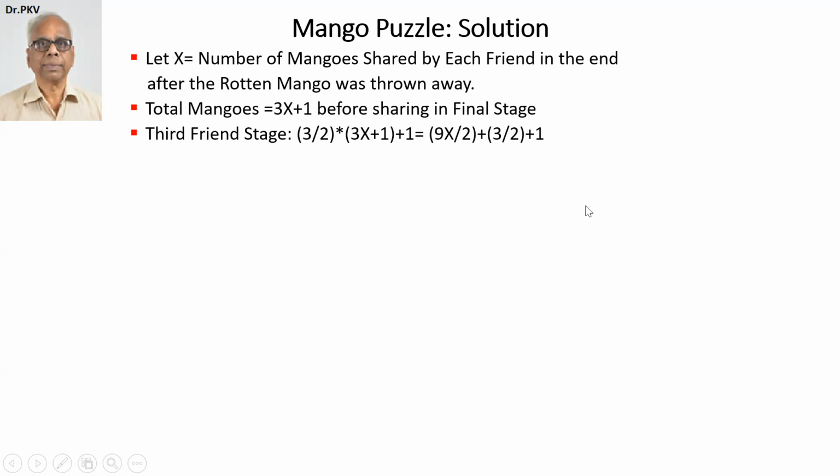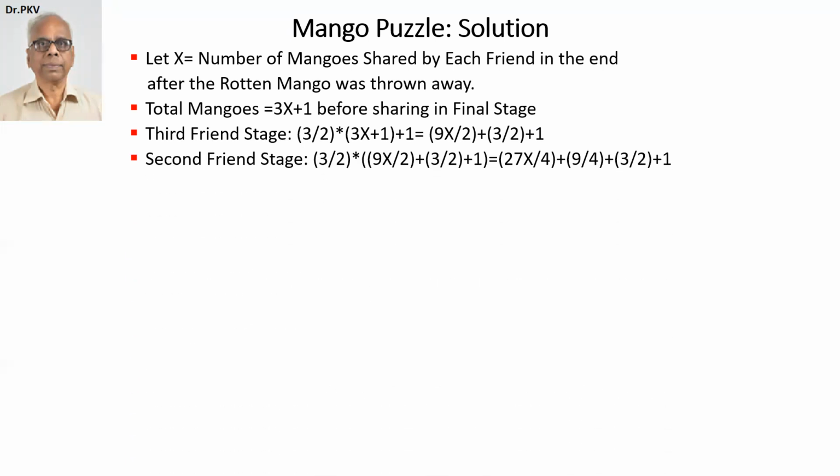Now, move to the second stage, or the second friend stage. This 9x/2 plus 3/2 plus 1 must have been the mangoes that were remaining after the second friend ate that one mango. So you multiply this by 3/2 and then add 1.